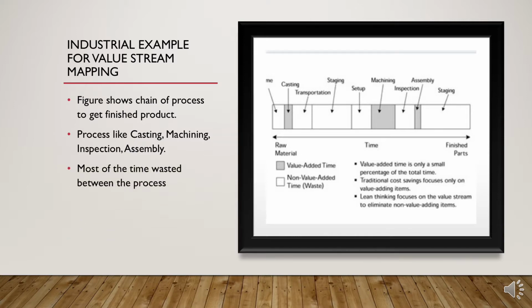Most of the time is wasted between the processes. If you see the diagram, the shaded region is the value added time, and the clear region is the non-value added time, which is the waste. The customer doesn't want to pay for the non-value added time. The customer wants to pay only for value added time.